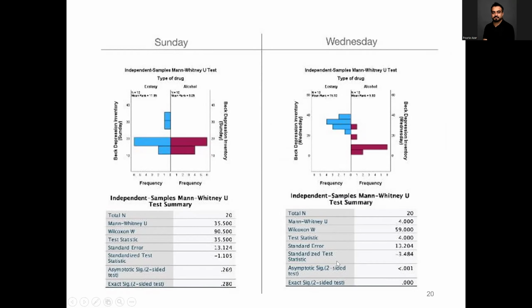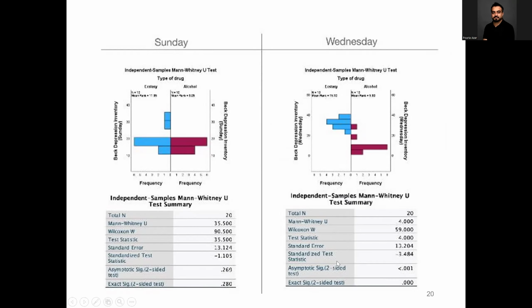Then I can also calculate the effect size for the Mann-Whitney U test and Wilcoxon test. In order to calculate effect size, you don't need to memorize these formulas. This is what SPSS will provide for us. But I can take the square root of the sample size and divide the z-score by that value.